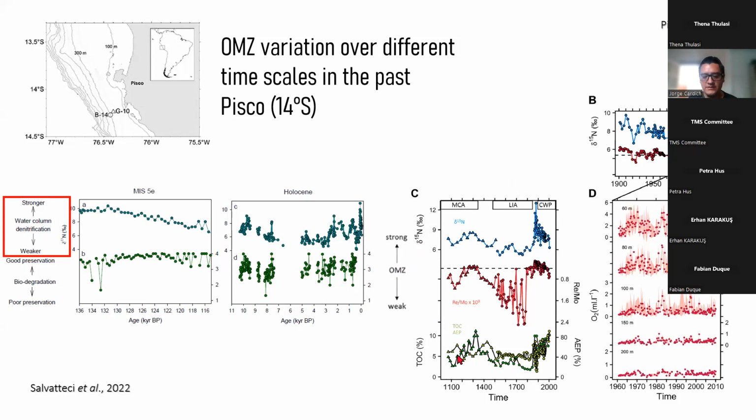This is indicated by the TOC, the total organic carbon concentration in the sediments. We did it also for the last centuries. Again, delta N15 has a variability, and in general it presents a weakening of the intensity through the last decades.